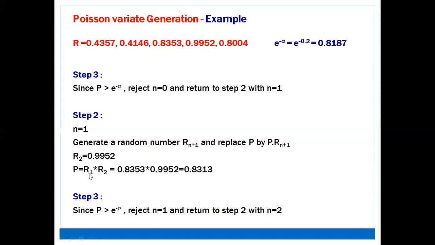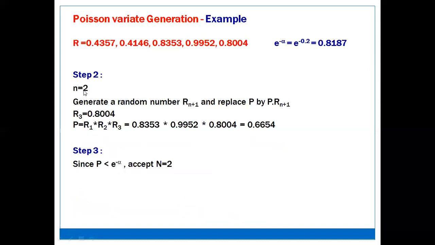P will be r1 into r2, that is 0.8353 into 0.9952, that is 0.8313. So p has become 0.8313. Since that is greater than 0.8187, again reject n as 1, return to step 2 with n equal to 2. So the new value of n is 2.